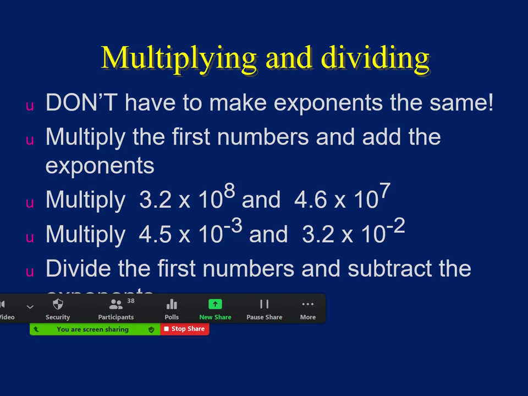That's subtract. Right? So division is subtraction. So divide 8.8 times 10 to the negative fourth by 2.2 times 10 to the eighth.